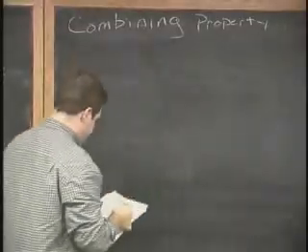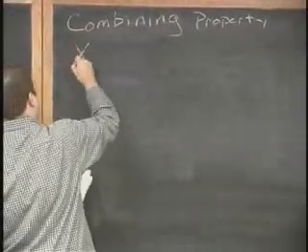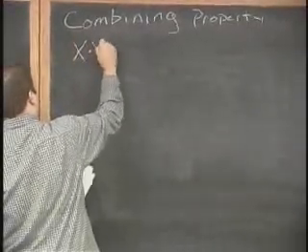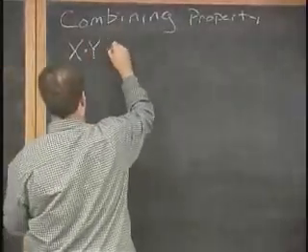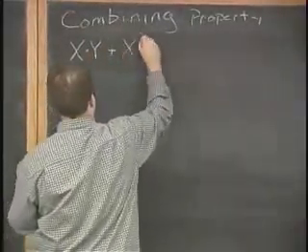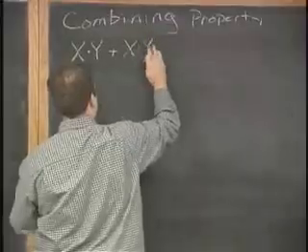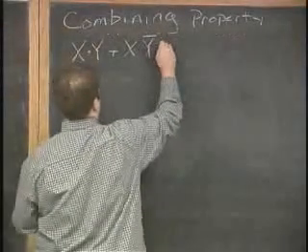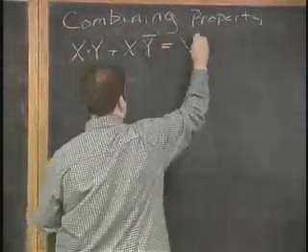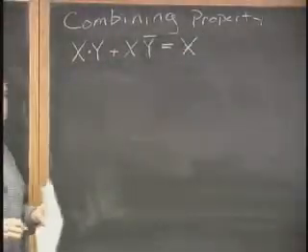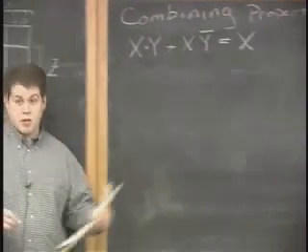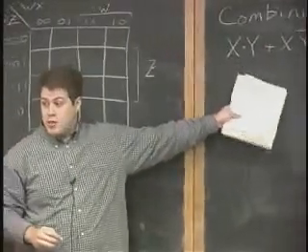What this says is that x and y plus x and not y equals x. Does that make everybody remember that? That was one of your logic properties that you remembered.